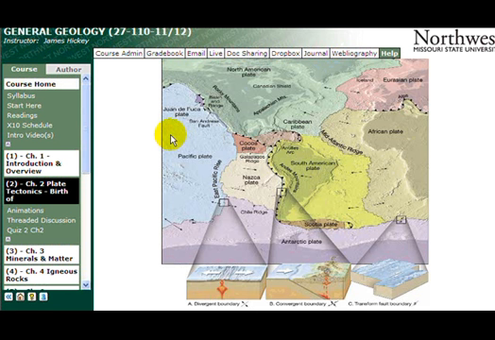The other thing is, certain types of active tectonic boundaries are associated with volcanism. Up here in the Pacific Northwest, we have a little plate called the Juan de Fuca that's subducting below North America. We have the Cascade Mountain Range, volcanoes like Mount St. Helens, which has been active fairly recently, and Mount Rainier is another one up there.